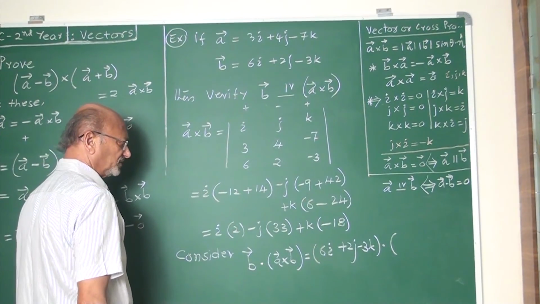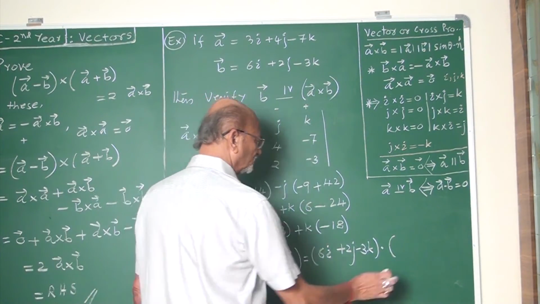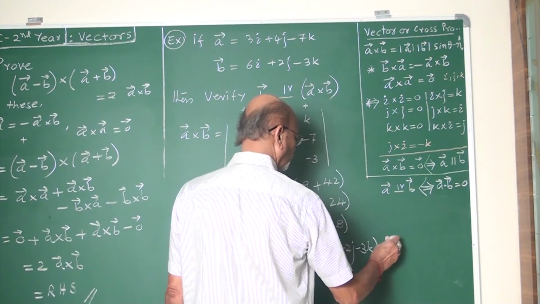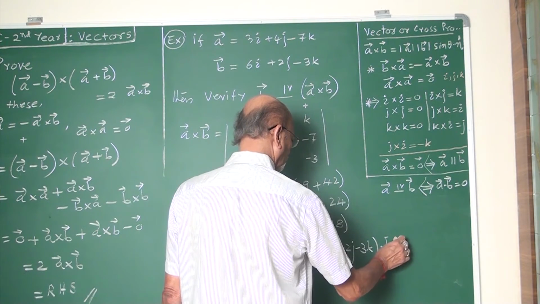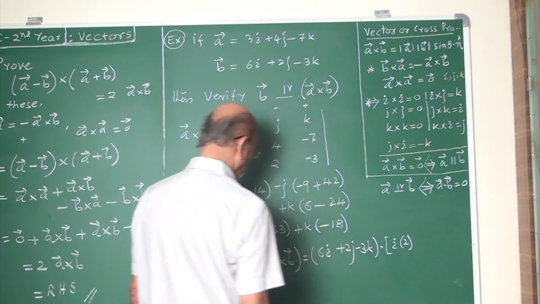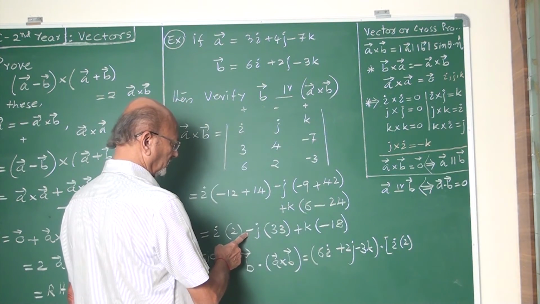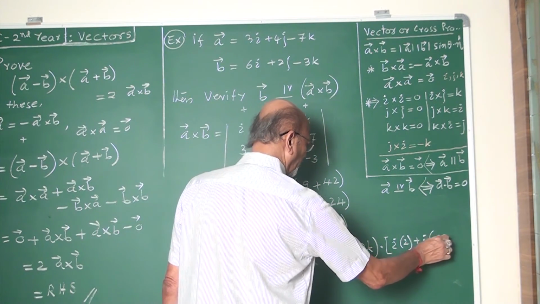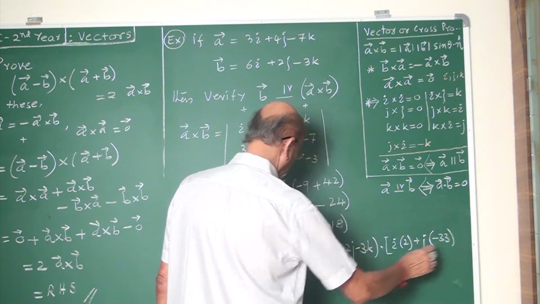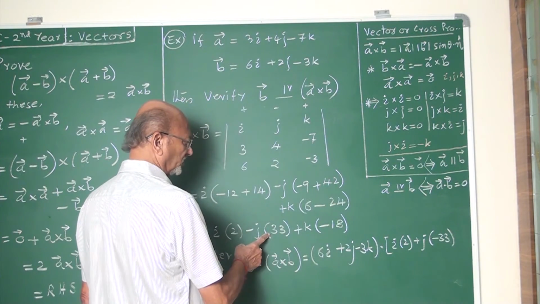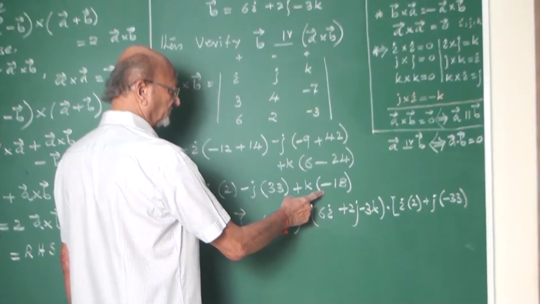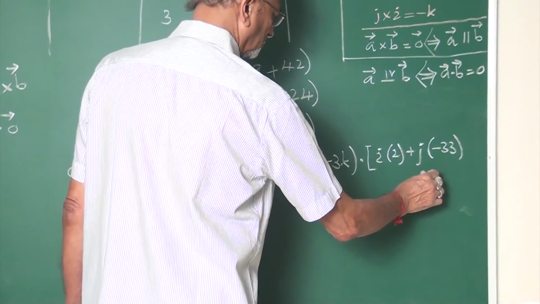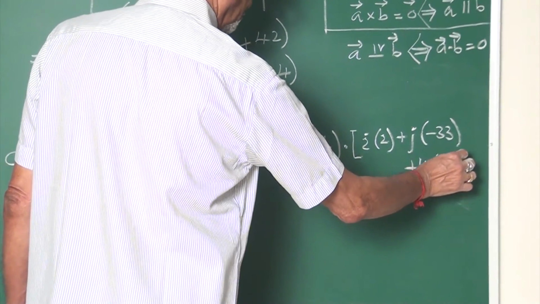It is i into 2, plus j into minus 33, this minus I have taken outside, plus k into minus 18.